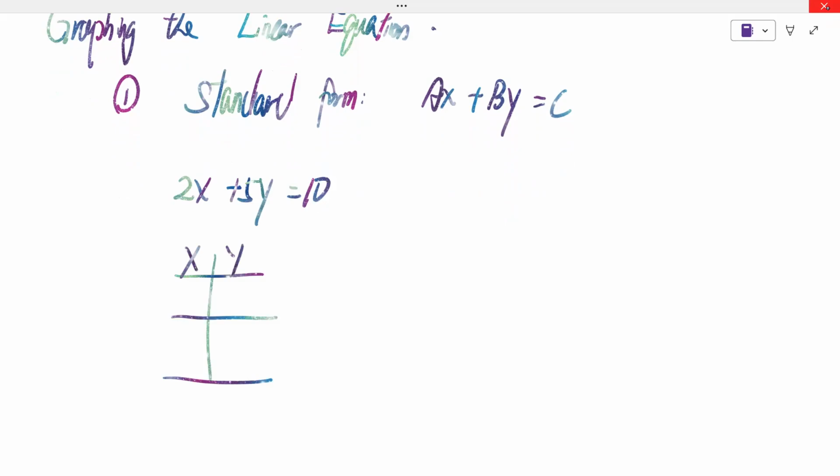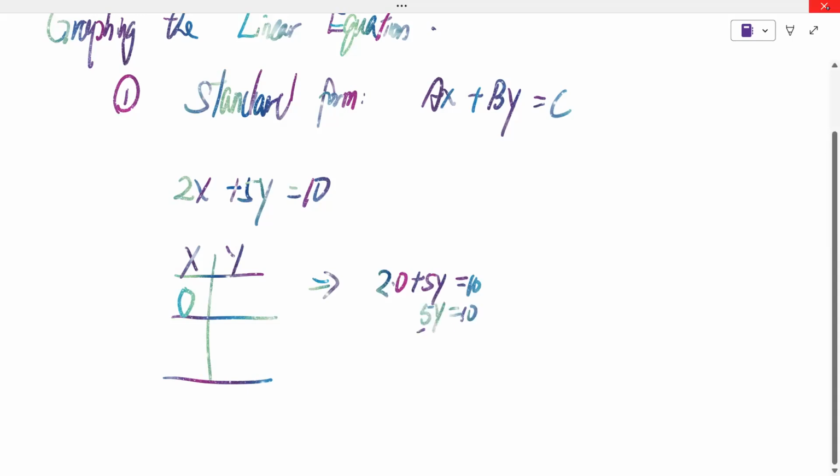If it is in standard form, it's easier. You set x equals 0, then you get a y value. So it would be 2 times 0 plus 5y equals 10, and 5y equals 10, and y equals 2.